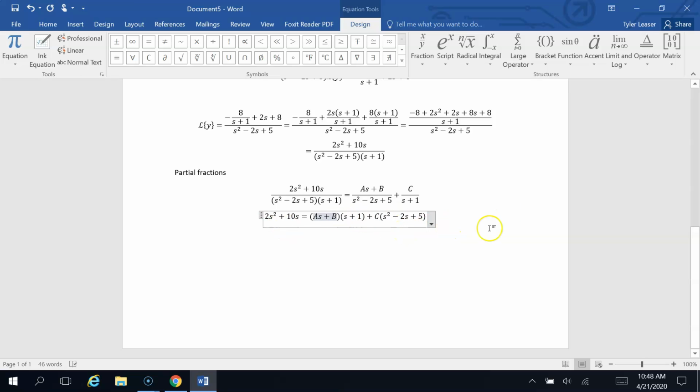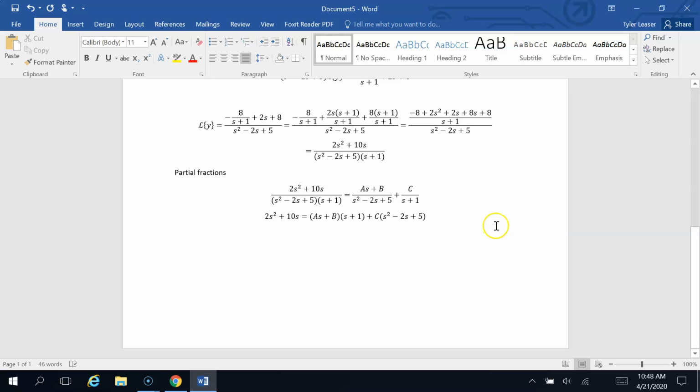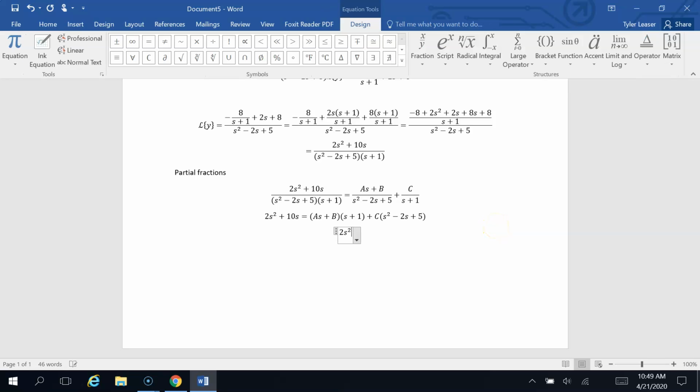I think, unfortunately, the best method may just be to multiply all this out and then do the coefficient method. So leaving the left-hand side alone, we're going to FOIL this first thing out. So we're going to have as squared plus as plus bs plus b, and then just distribute the c into this, so plus cs squared minus 2cs and then plus 5c.